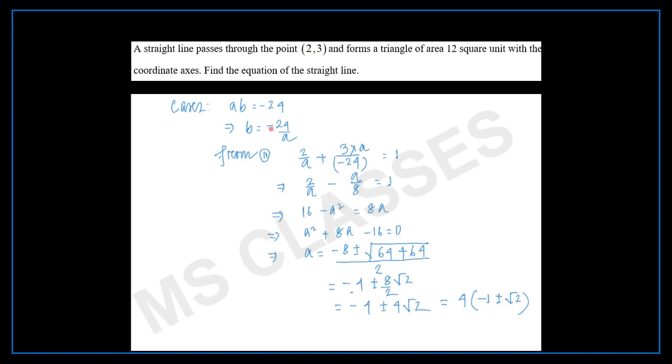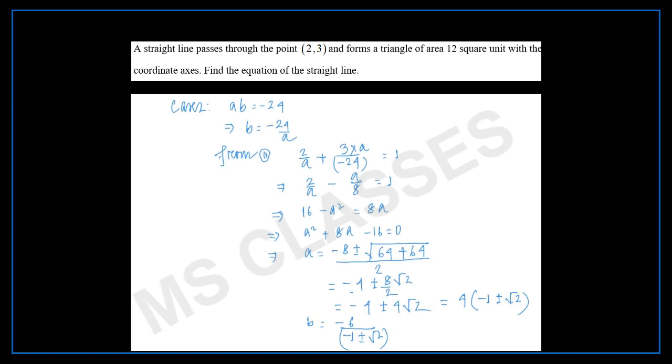So what we get here, that B equal to minus 6 by minus 1 plus minus root 2. So this is the value of B which we have got. So we have got the value of A, we have got the value of B. Obviously there are few conditions. We can write some directly also, no problem.